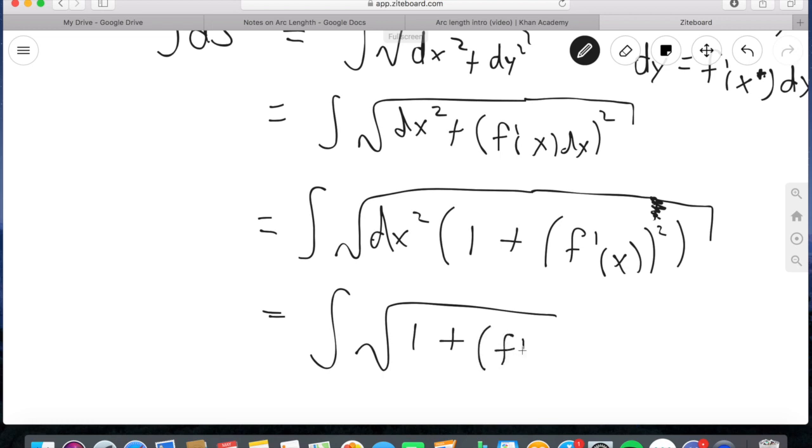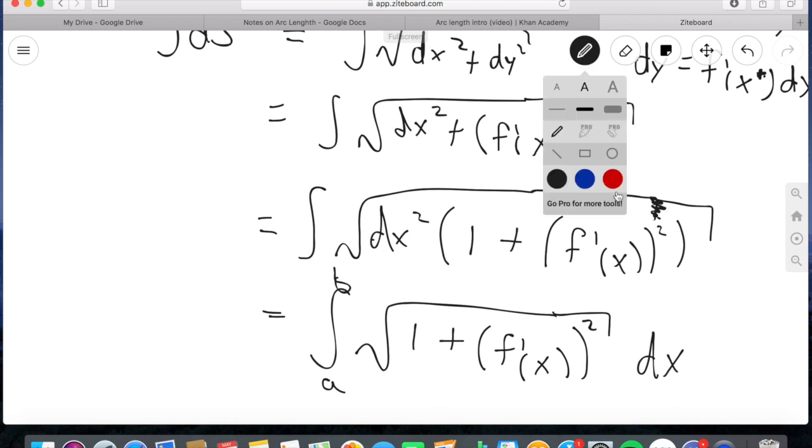And we have something that we can integrate. Of course, you have to have your upper and lower bounds. But essentially right here what we have is the arc length formula.